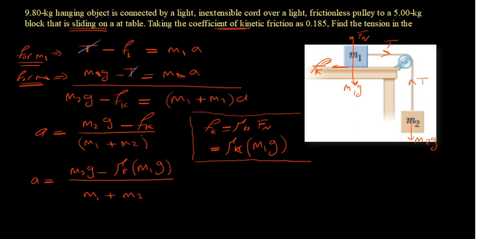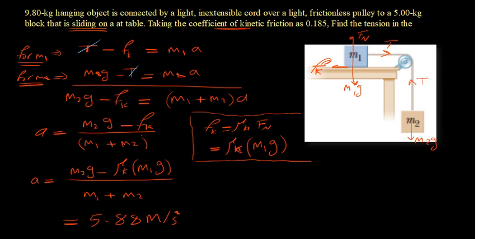Now we just do the math, placing the value of each one of them, divided by m1 plus m2. That will give me an acceleration of 5.88 meters per second squared. That will be the acceleration of the system.